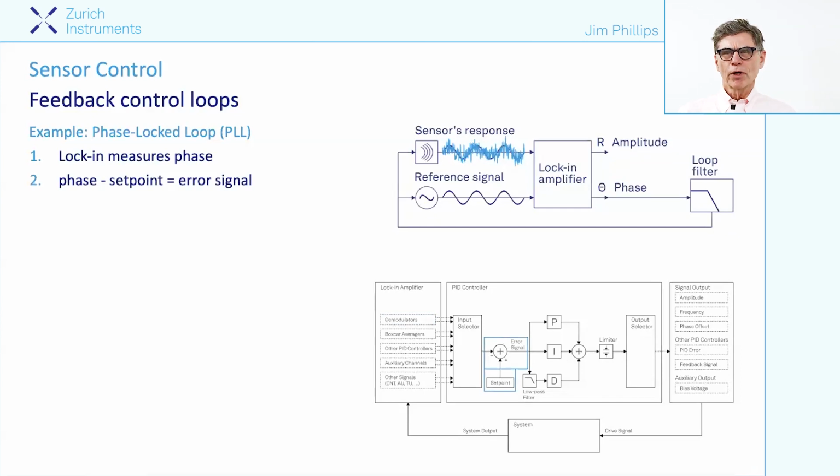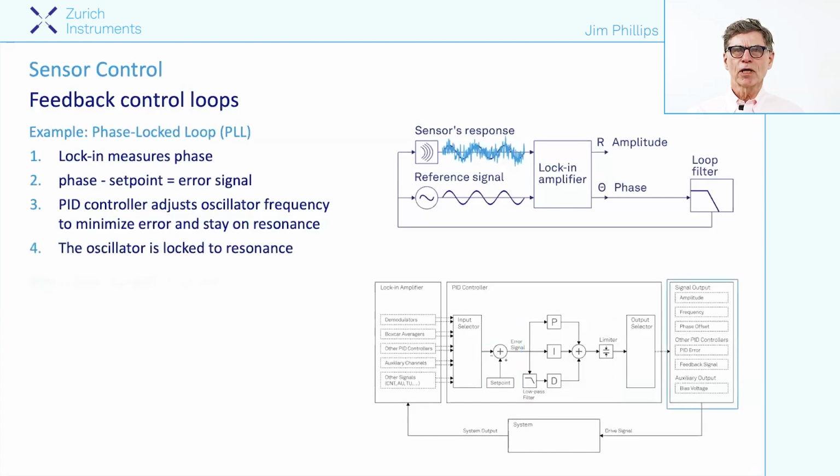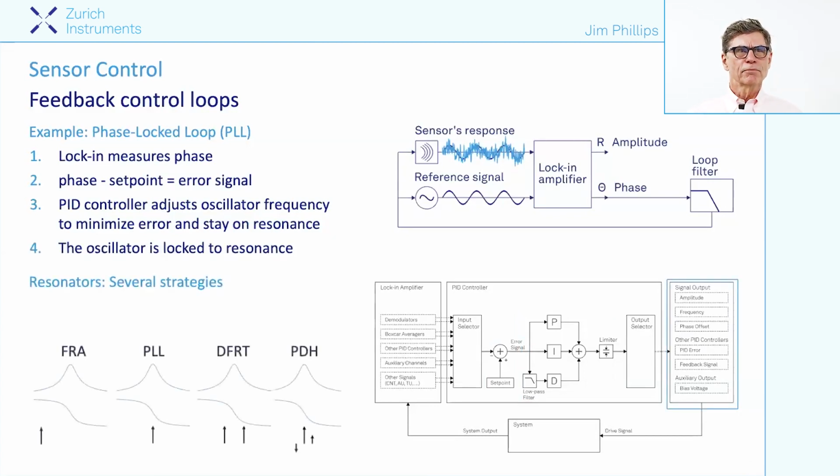So we choose a set point, which is the phase that we'd like the phase lock loop to hold, and then we take the measured phase minus that set point. That is called the error signal. It is fed to a PID controller, which then adjusts the oscillator frequency to sit at the desired point with respect to the resonance. So now we say that the oscillator is locked to the resonator.